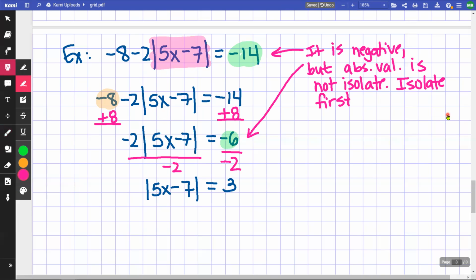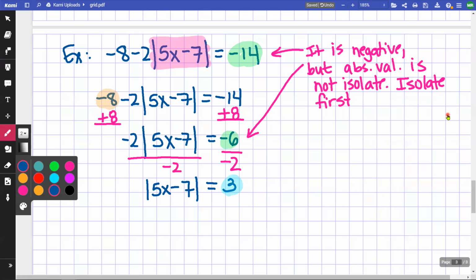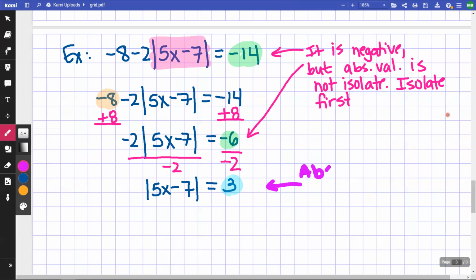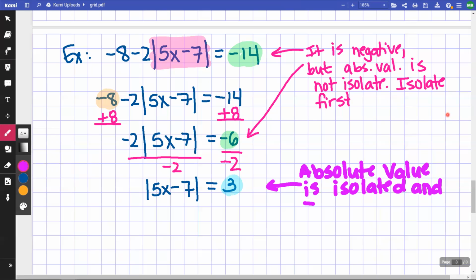So now when I look at this, here it is isolated. Absolute value is isolated, and equals a positive.